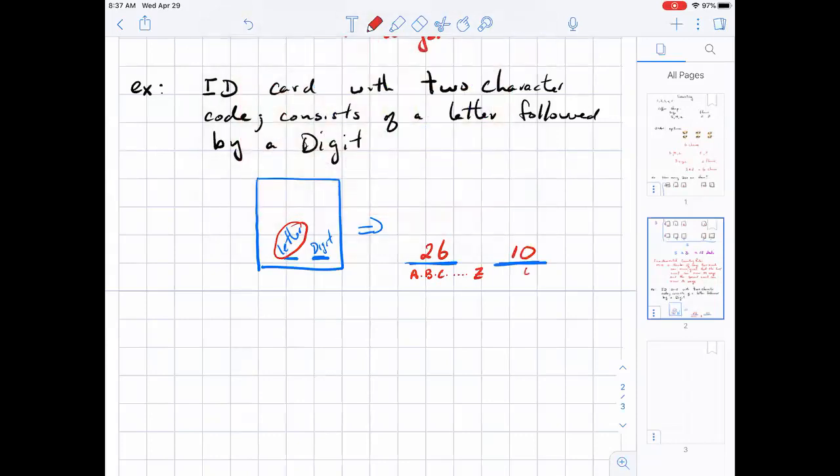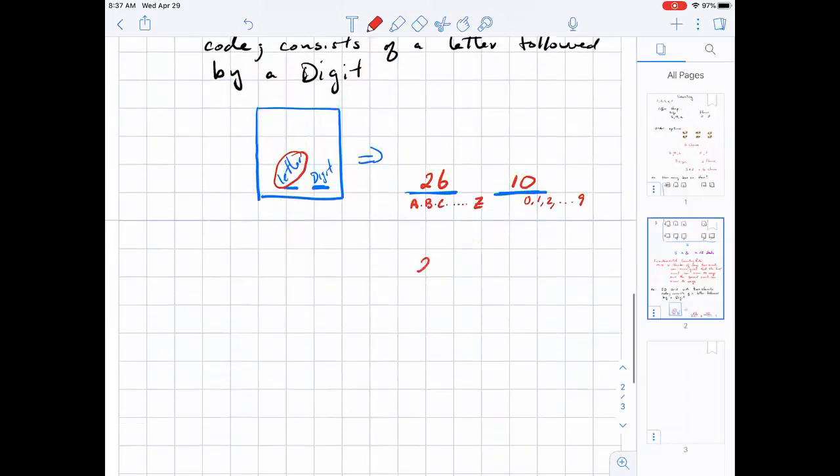Why? Because you can pick 0, 1, 2, going all the way up to 9. So therefore, you can have a total of 26 times 10, which is 260 ID cards with different scenarios you can create.